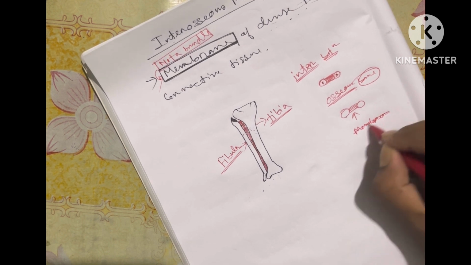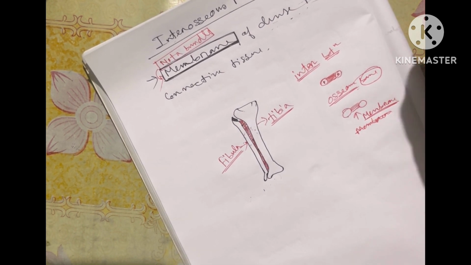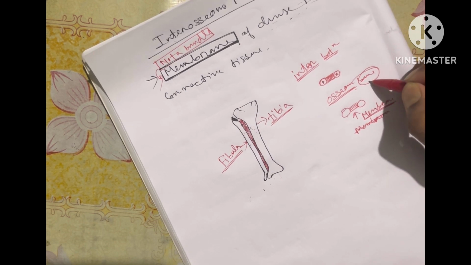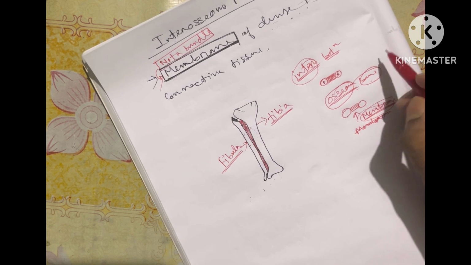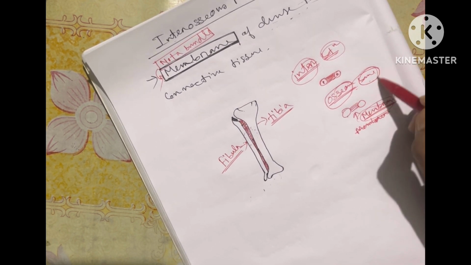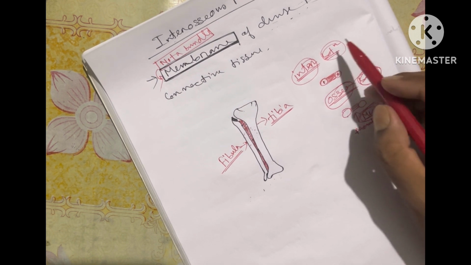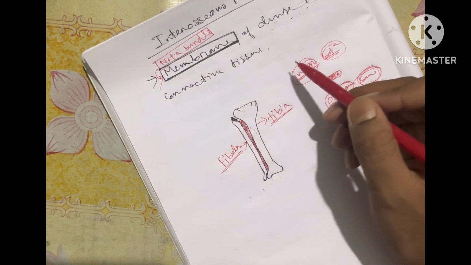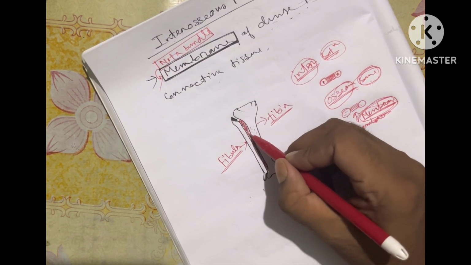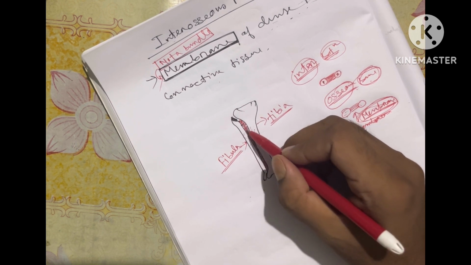That's why it is called the interosseous membrane: a membrane present in between two bones. Inter means in between, osseous means bones, and a membrane is present.